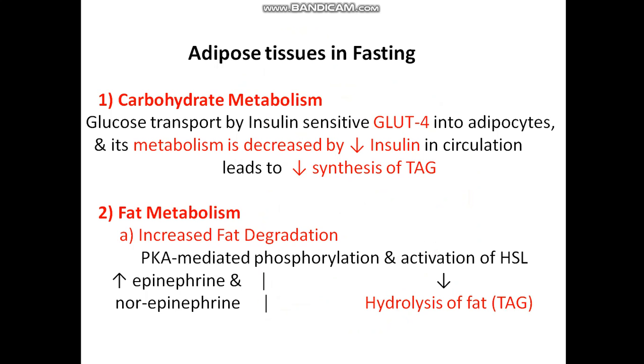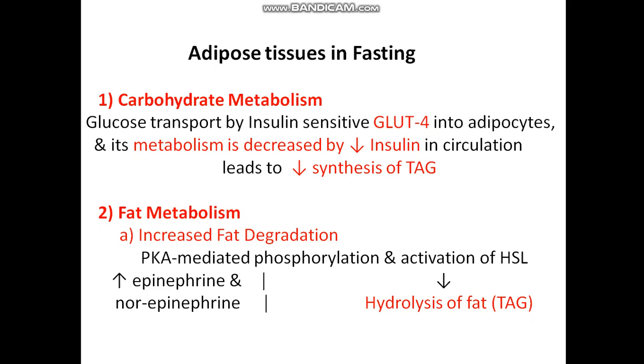Adipose tissue in fasting, carbohydrate metabolism: glucose transport by insulin sensitive GLUT4 and its metabolism is decreased because there is decreased secretion of insulin, and that leads to decreased synthesis of TAG in adipose tissue. What about fat metabolism?